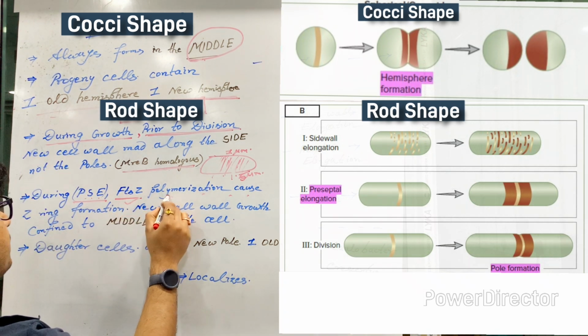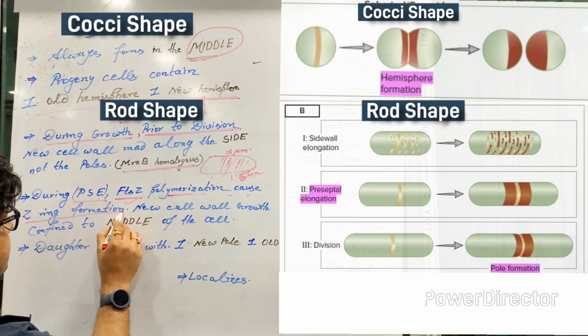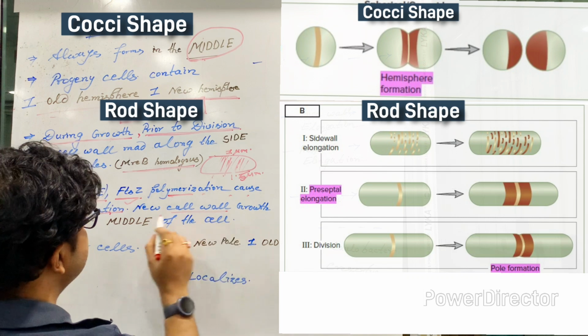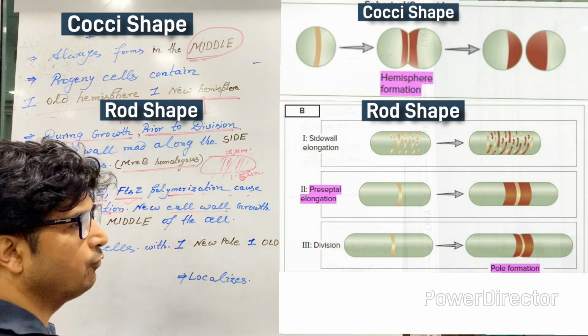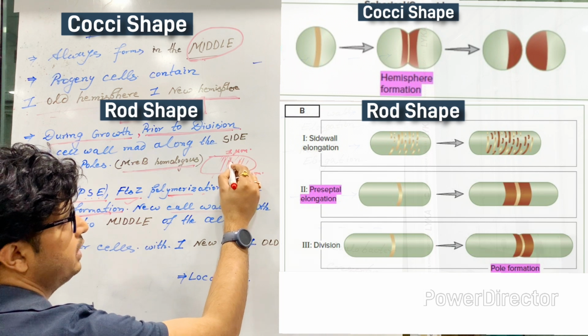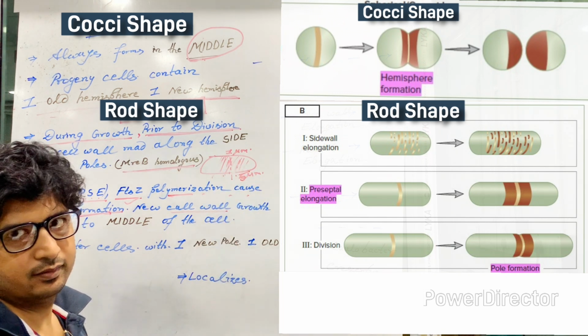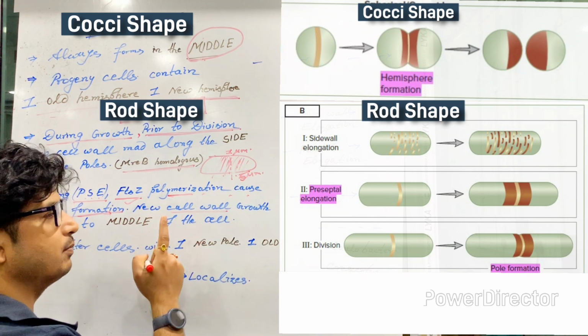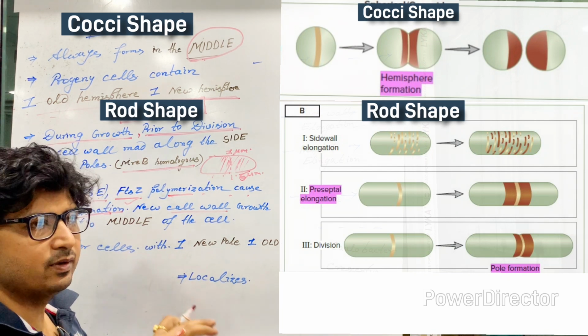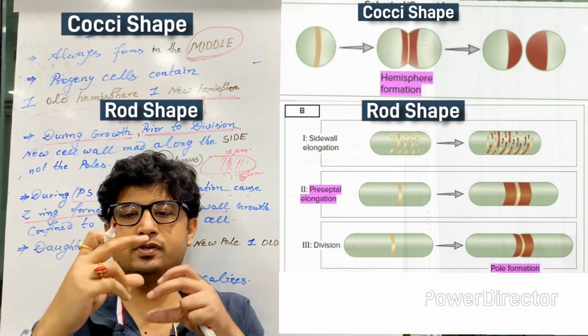Now FtsZ polymerization will cause Z-ring formation. This Z-ring will form in the middle of the elongated cell. Now you have not the parent cell, but a more enlarged cell.